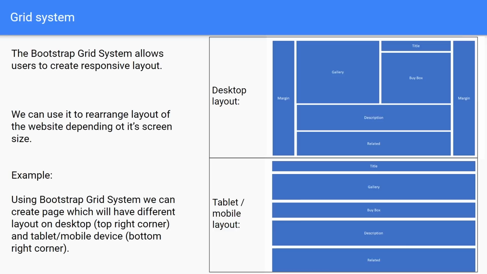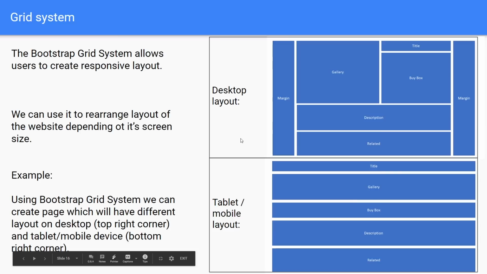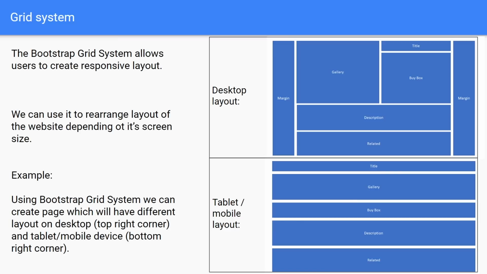So in general, the Bootstrap grid is a tool which allows us to create layouts, which you can see on these two pictures, right? So long story short, this tool allows you to create a different layout for different devices depending on the screen size.